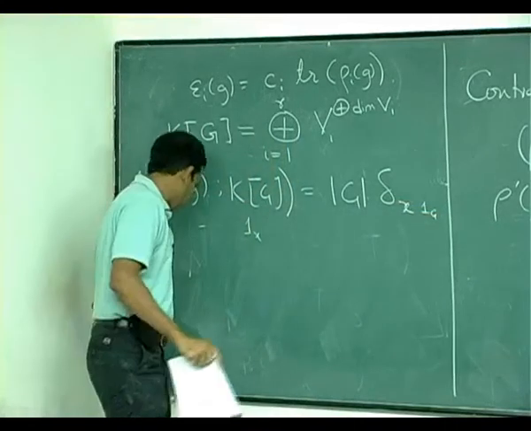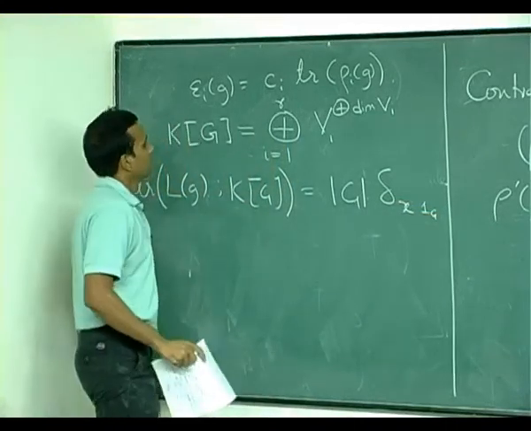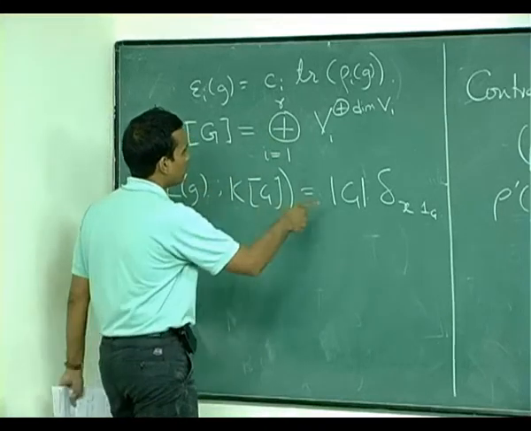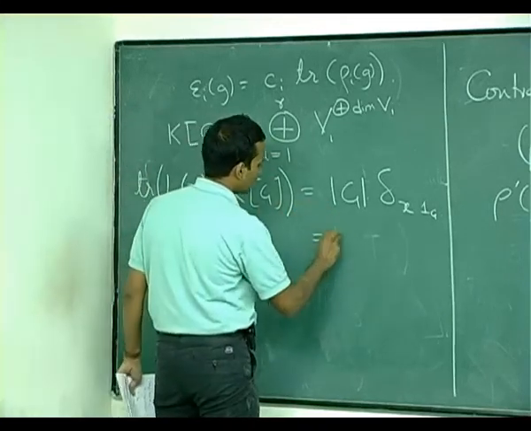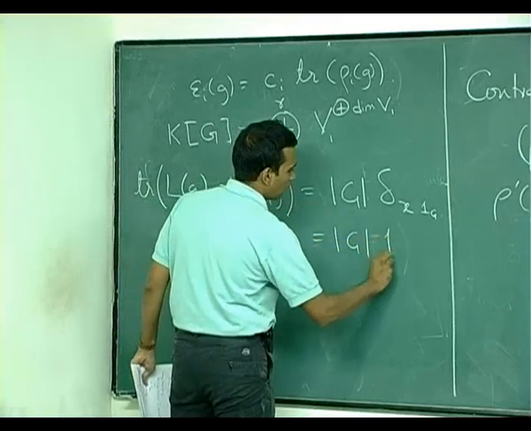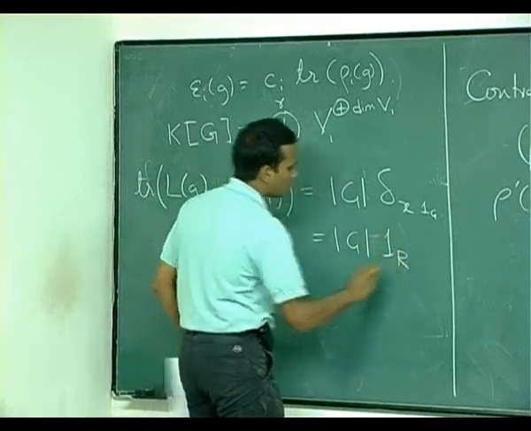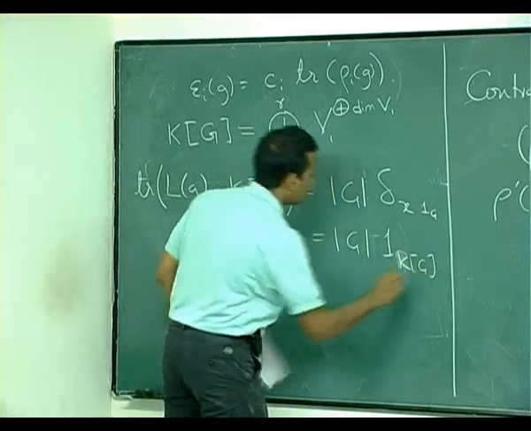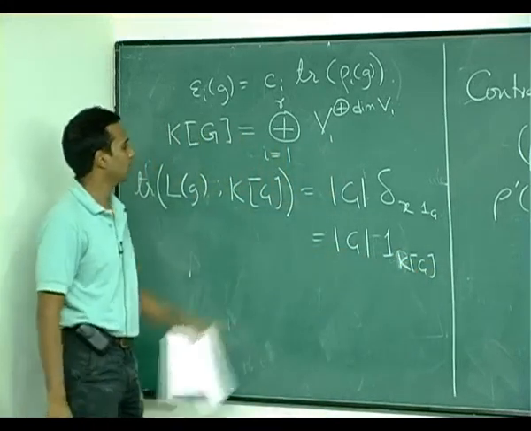And on the other hand, this thing is the same as 1 times the unit of KG, right? Cardinality of G times the unit of KG.